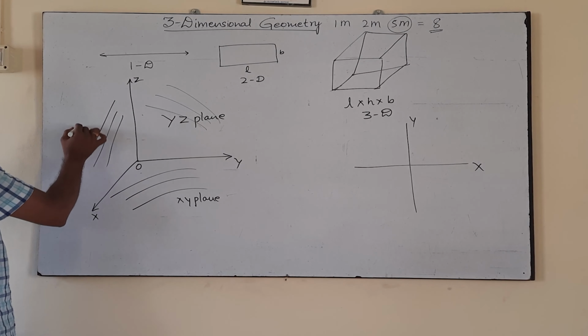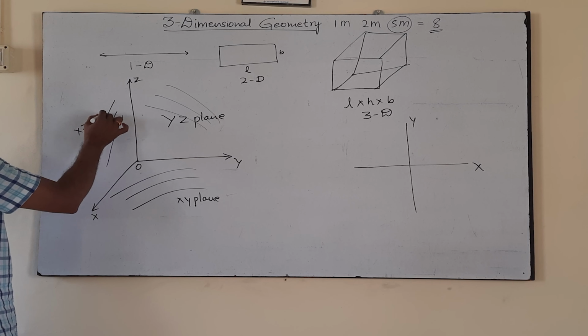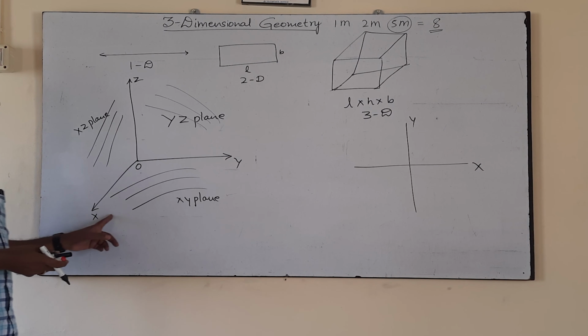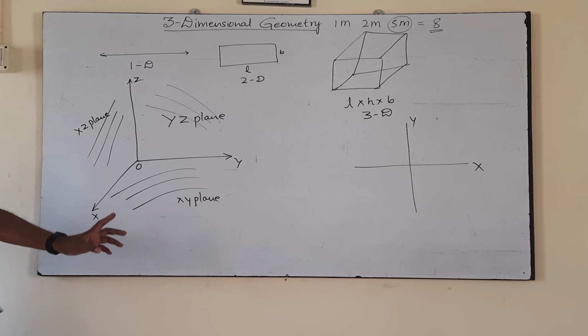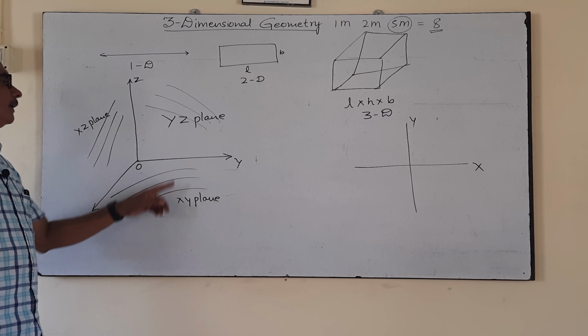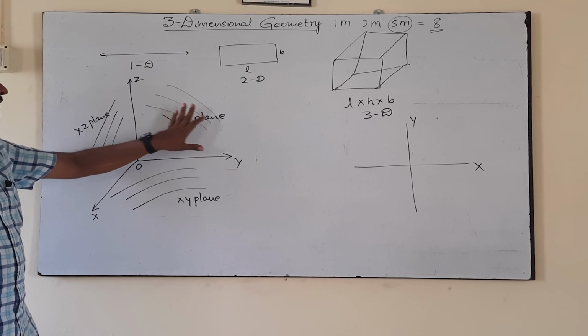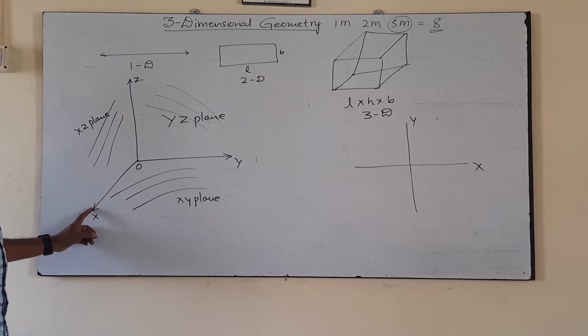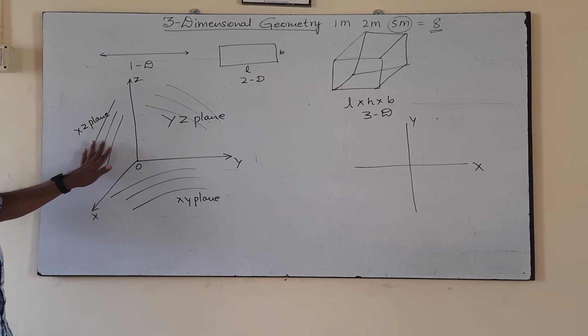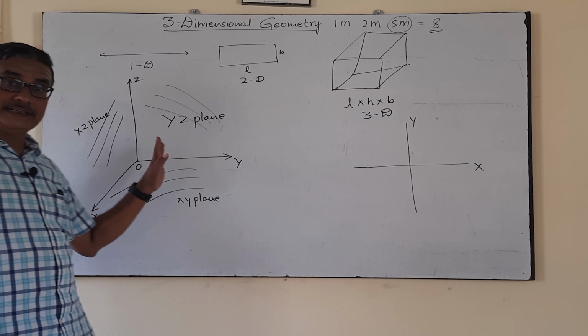This part is known as xz plane. Remember, the x axis and y axis determine this part, that is known as xy plane. Y axis and z axis determine this part, that is known as yz plane, whereas x axis and z axis determine this part, that is known as zx plane.